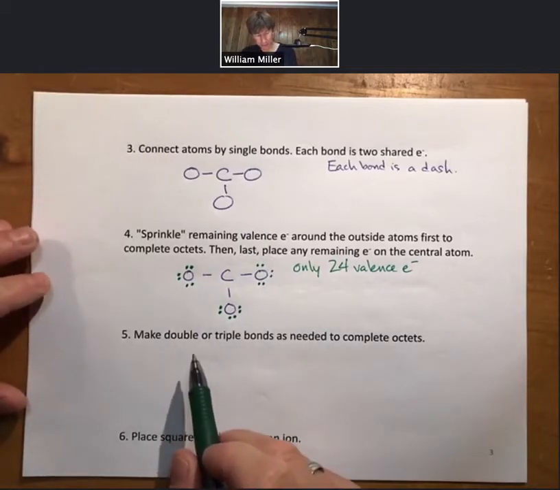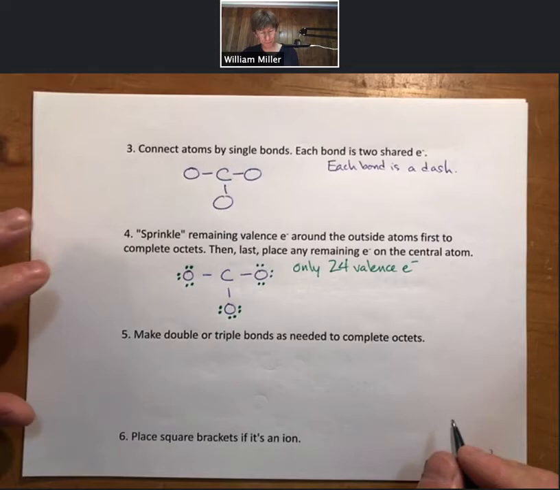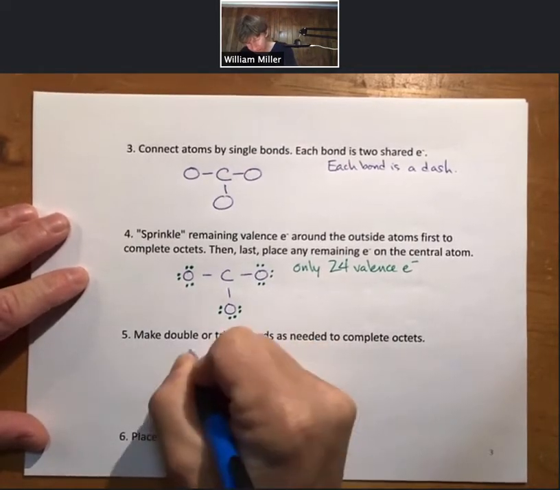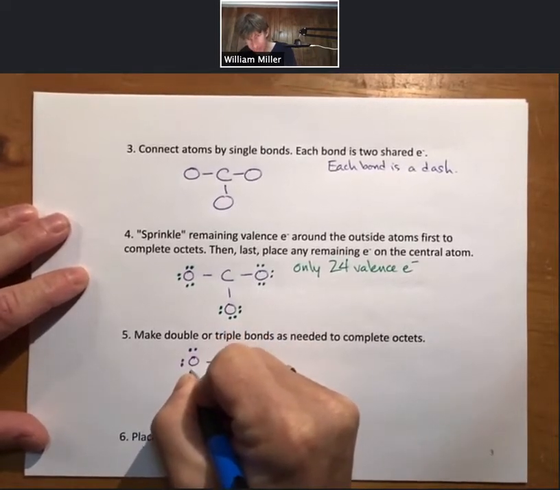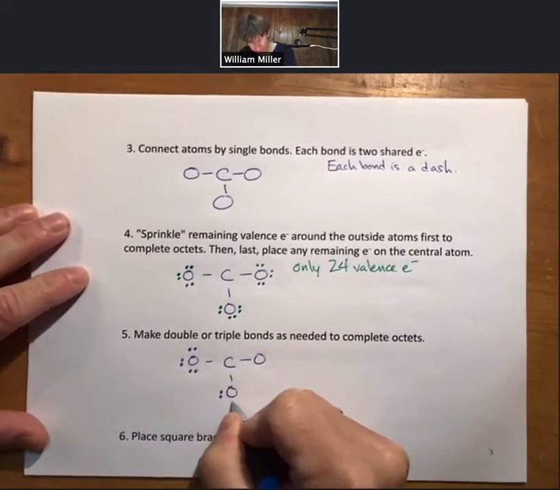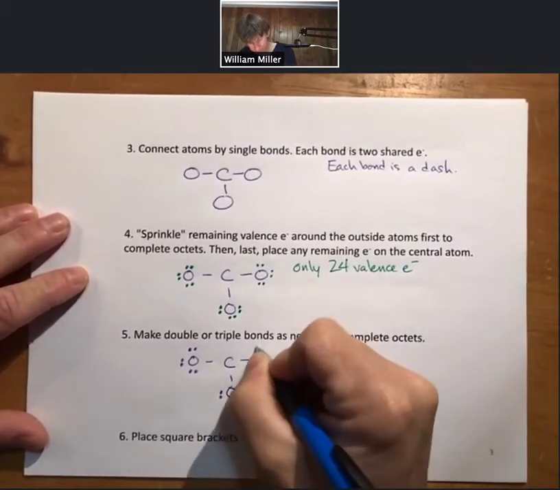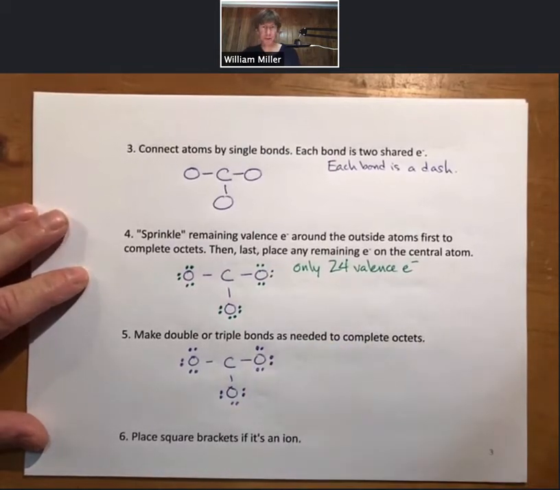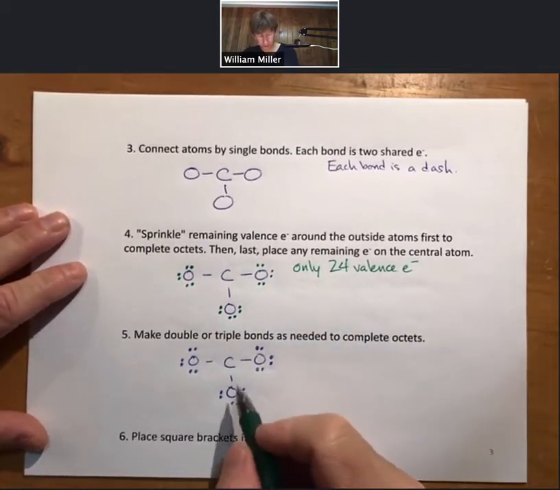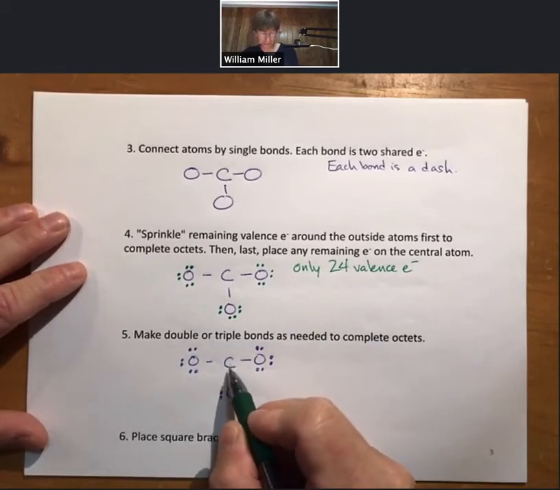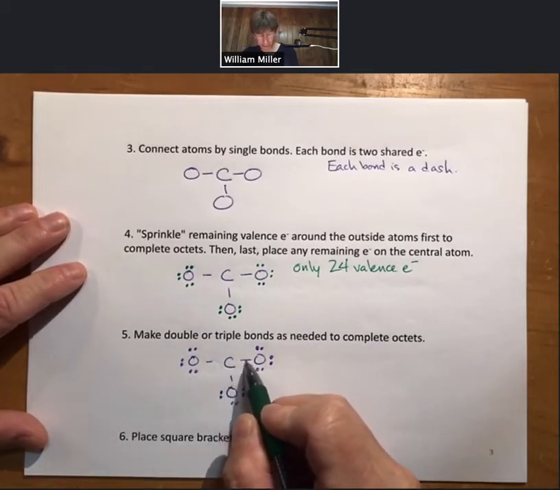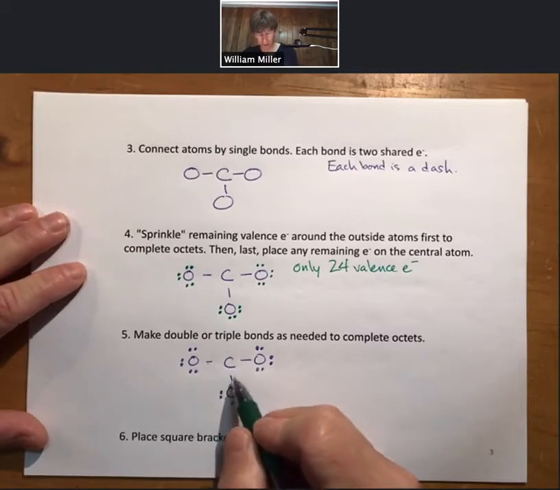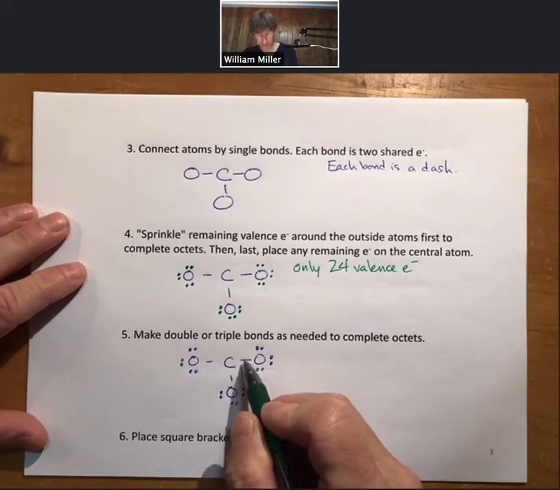Now, for step 5, make double or triple bonds as needed to complete octets. I'll write in blue where step 4 left off. Okay, so that's where we left off. Now, we need carbon as the center atom to have an octet. It only has 1, 2, 3 bonds. Each bond is 2 shared electrons, so that's 2, 4, 6 electrons around it.